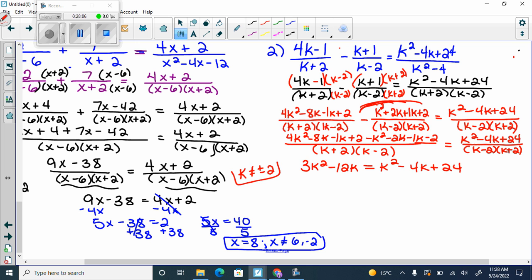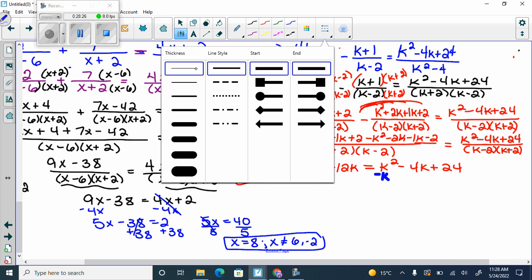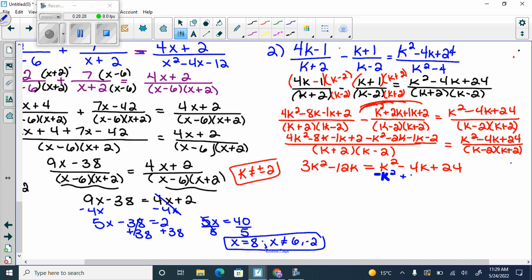Now, when I have squares, what do I have to do? Move everything to one side and set equal to 0, right? Or I can't use the quadratic formula. So I'm going to subtract k squared, add 4k, subtract 24, subtract k squared, add 4k, subtract 24.